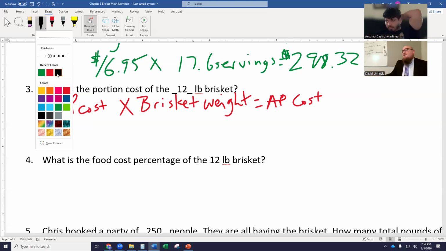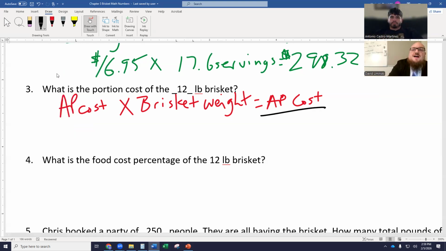One might be 4 pounds, one might be 3.8 pounds, one might be 3.7 pounds, so that cost varies. Then we divide by the number of servings to get our cost per serving. Remember, that word per represents what mathematical function? Division. So cost per serving.